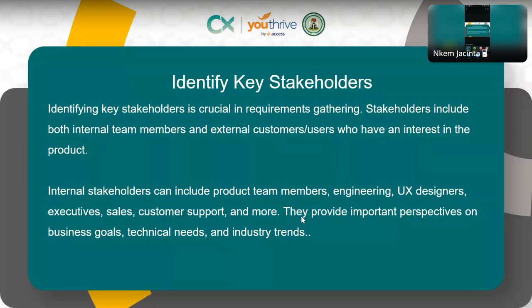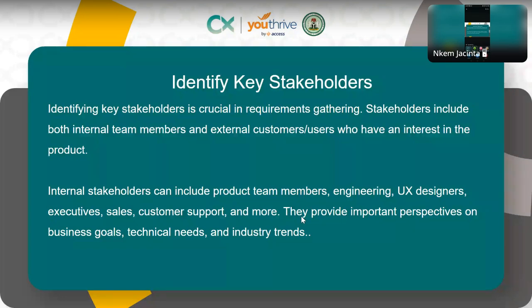So you have to identify who are the external stakeholders, who are the internal stakeholders, plus your team members as well. Maybe your admins, your financial people, the people in your team have to interface with your product as well. You have to factor them in as stakeholders because they are also your users at some point.